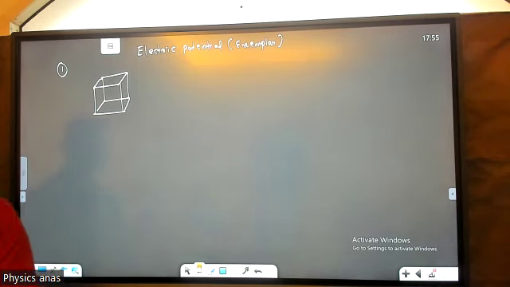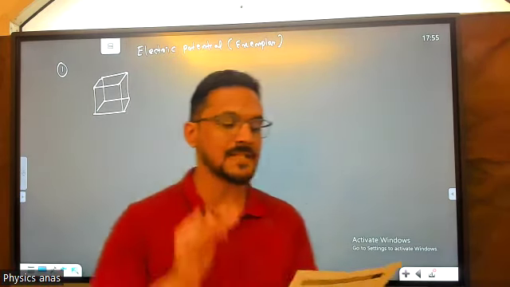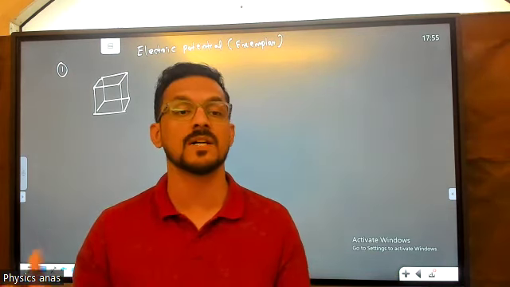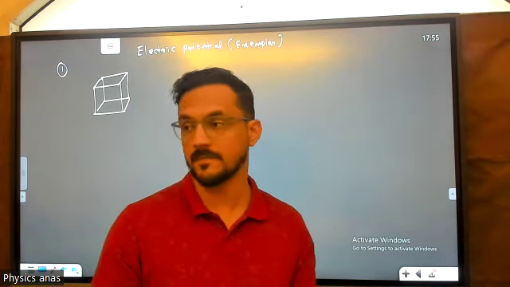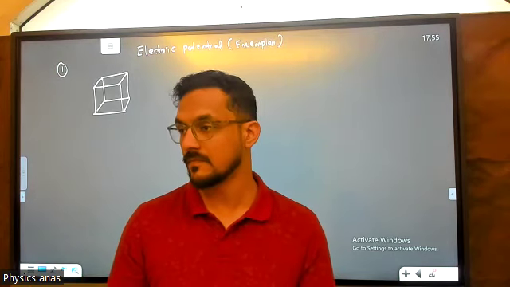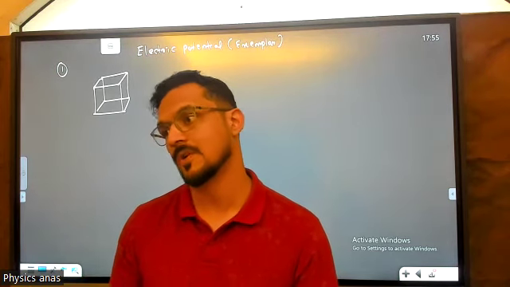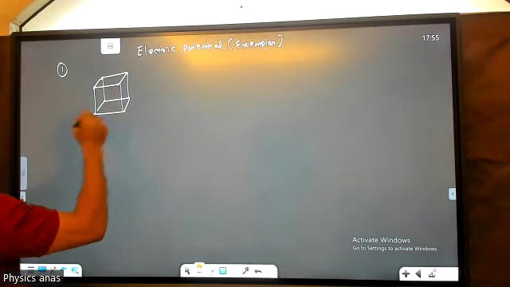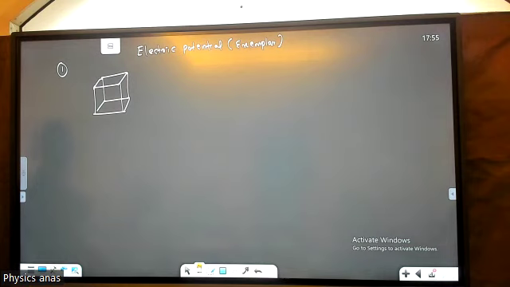Okay, third one. A cube of side B has a charge Q at each of its vertices. How many vertices are there for a cube? 1, 2, 3, 4, 5, 6, 7, 8. There will be 8 vertices, right?